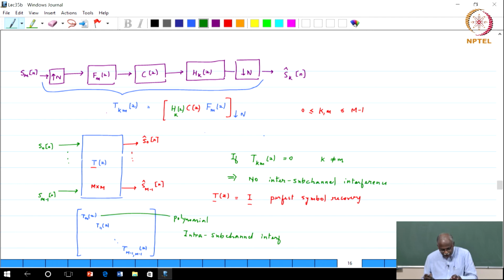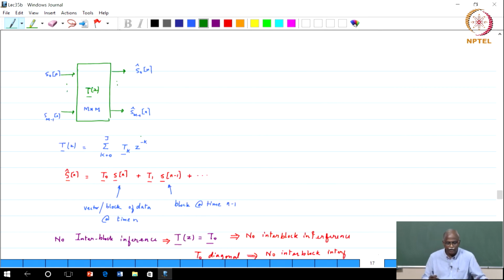Both of these we described saying, okay, if you get a diagonal, there is no interchannel mixing. If you get each of these matrices to be a constant matrix, then there is no interblock interference, and I think both of them are very important.